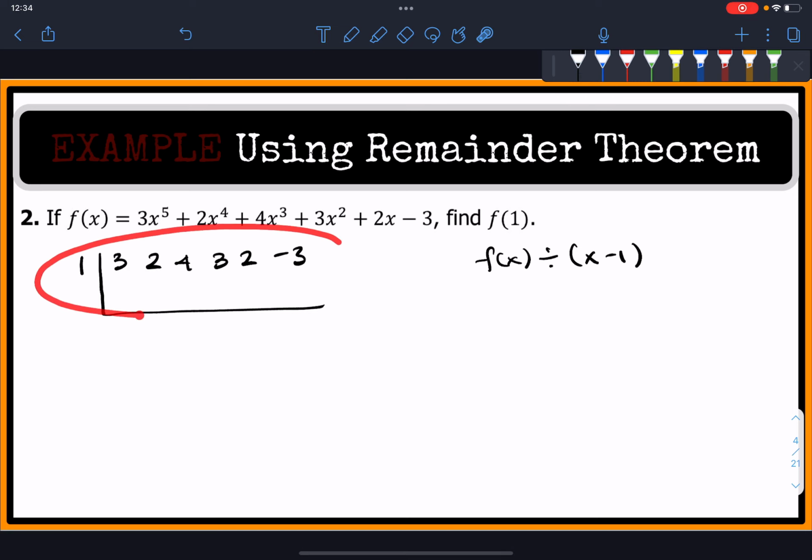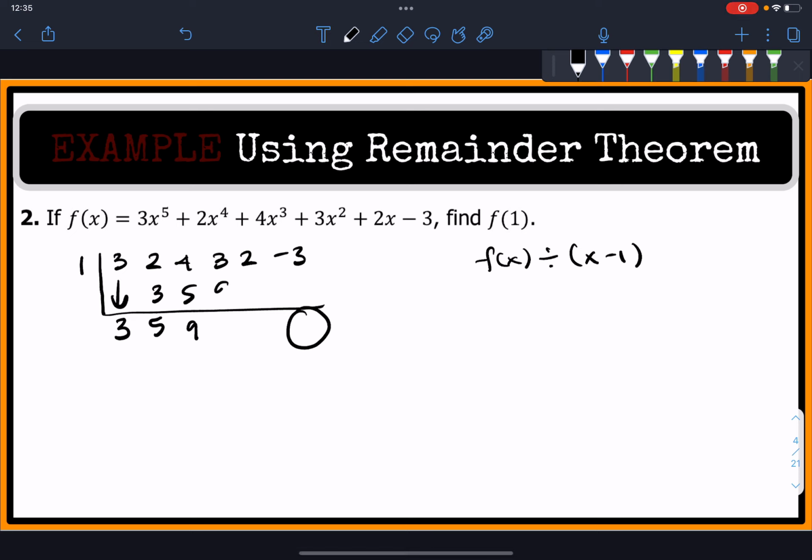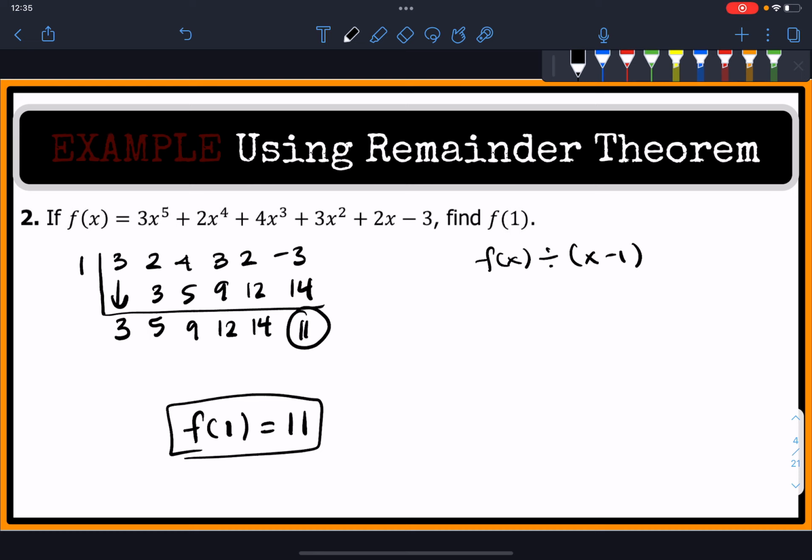Using synthetic division, I can figure out the value of this function at 1 by identifying the remainder. So add, multiply, add, multiply, add, multiply, add, multiply, add, and I get 11. So you see the value of my function when x is equal to 1 is 11. And there you go. This is your answer.